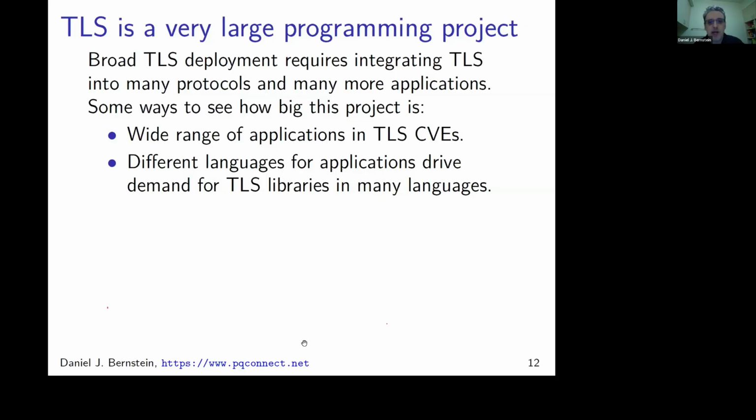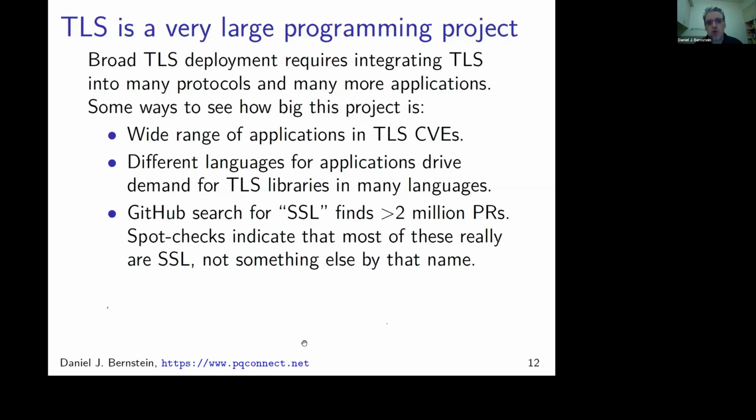Can I please have my TLS library in Go? And so there's a TLS library in Go. For people who use the Go programming language, it's a very common thing to use, and that's had its own vulnerabilities. So there are lots of different applications, languages, and environments, and they all want to have their own TLS software.